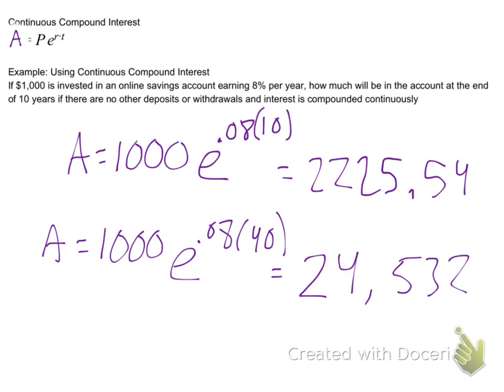Now, 8% is a pretty good return. I'm assuming most of your parents have a 401k. Most of you guys will also have one of these types of things. It's your investment type thing. But think of this, guys. When your parents started working someplace and started doing these things, they didn't just put in $1,000 and walk away. They put the money in, and they keep putting money in.